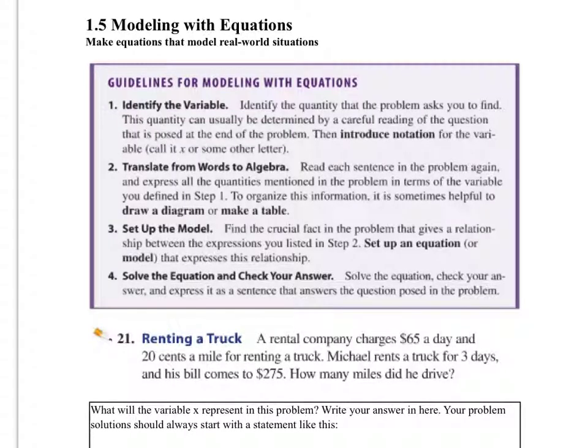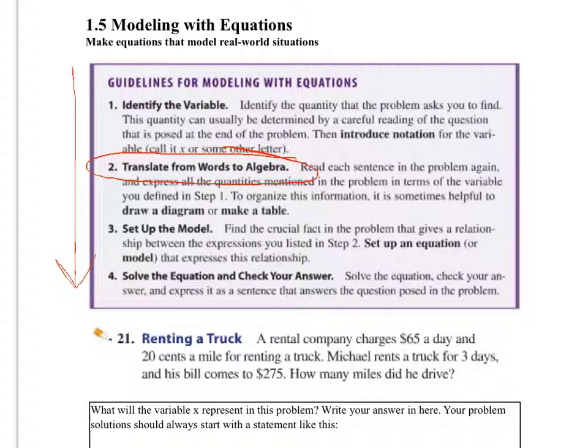So in this section, we'll practice working various types of word problems, and I think that these guidelines are pretty good. There are always guidelines for modeling with equations, and it all boils down to the same problem. You have to be able to understand the relationships among the numerical quantities in the problem, and then, understanding those relationships, you have to be able to express those in some sort of algebraic way.